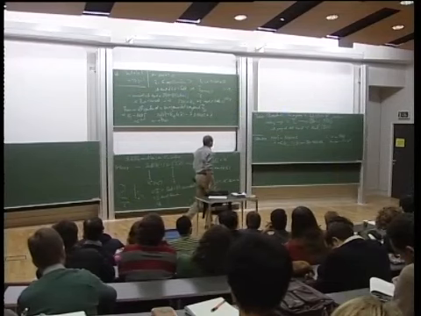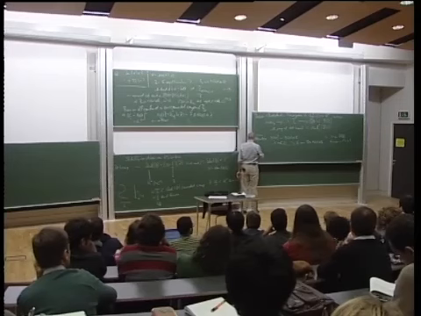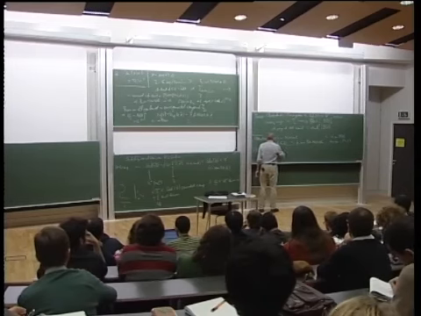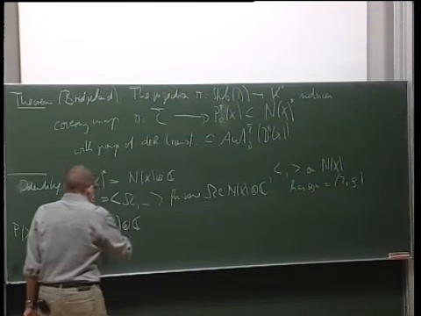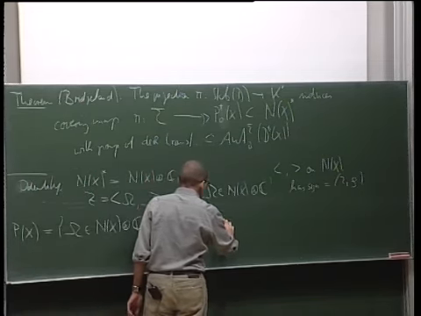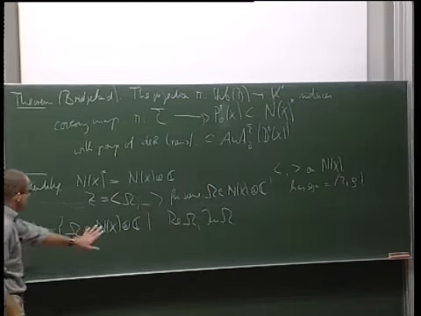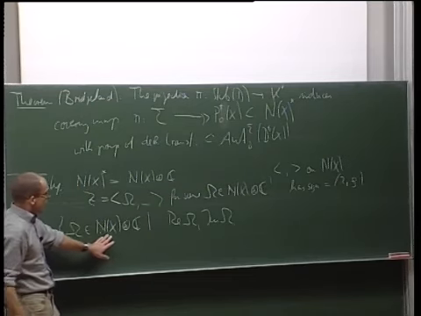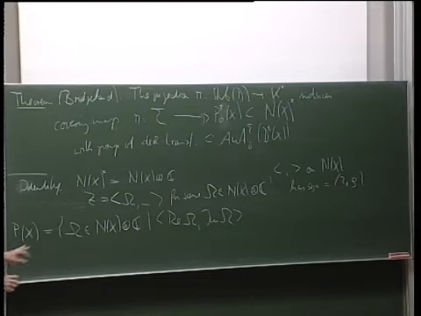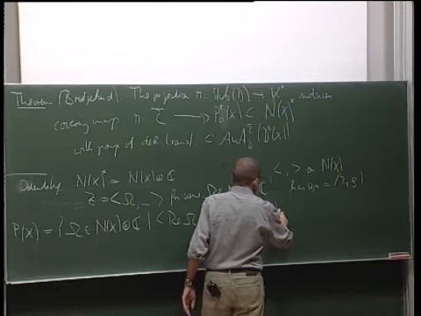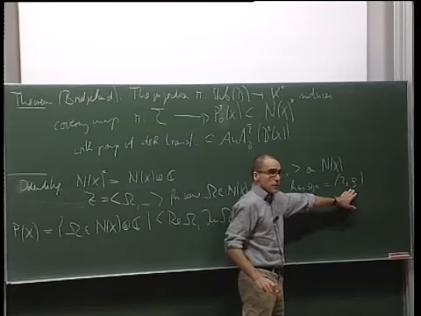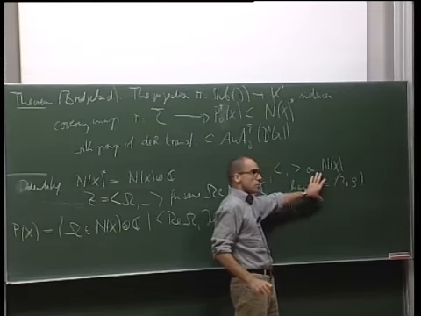Okay, and then define the first thing, P(X). So we slowly approach this P_0^+(X). P(X) is the set of vectors in this complex vector space such that the real part and the imaginary part, which are now vectors in the real vector space spanned by the algebraic classes, span a positive plane in the real vector space N(X) tensor R. This is a real vector space with an intersection form of this signature, so there is enough space for a plane such that the restriction to this plane is positive definite.